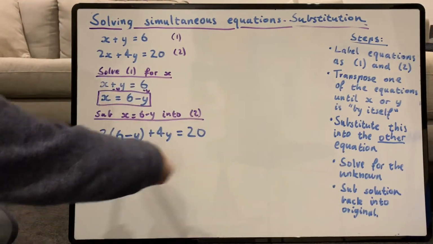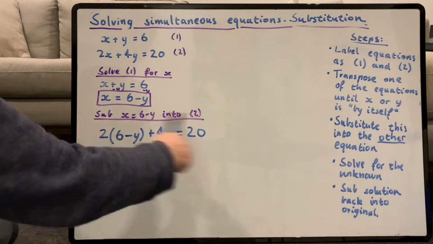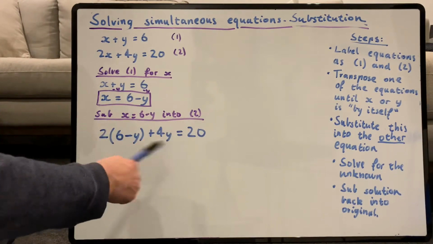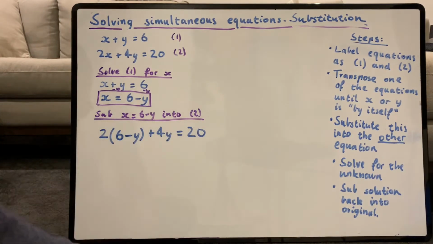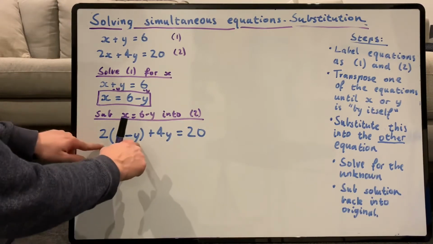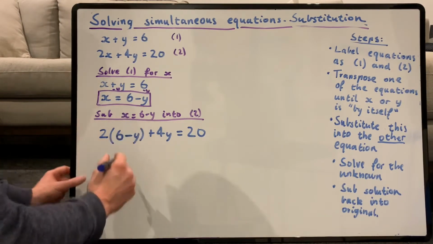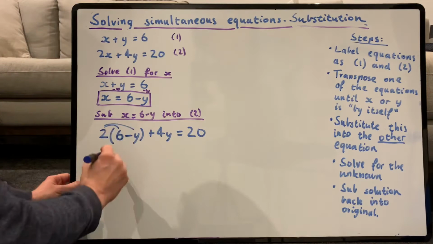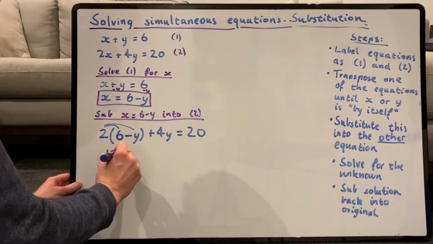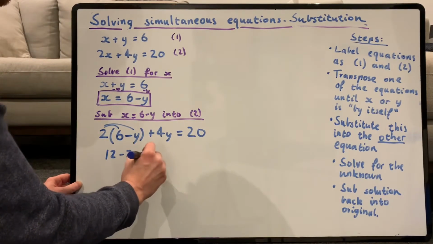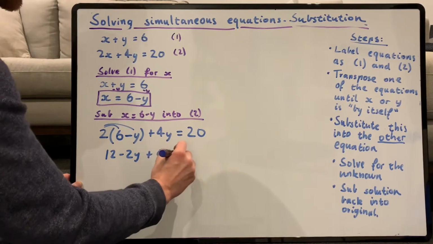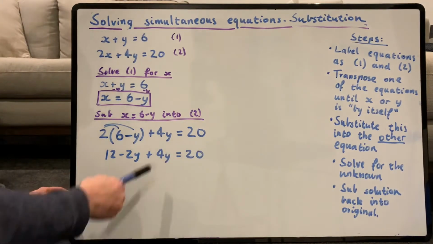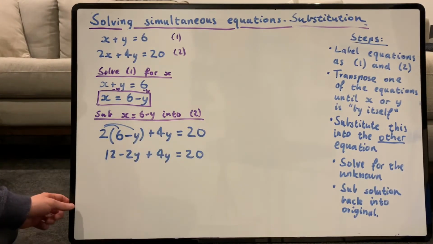Solve for the unknown. Notice now that this is an equation only in terms of y, which means we can solve for y. Let's do it. We'll need to expand this out using our claw method. 12 minus 2y plus 4y equals 20. These two are unchanged.